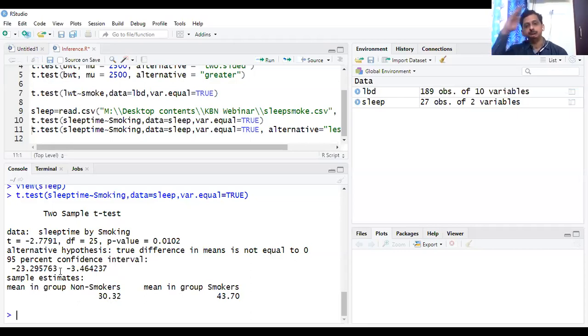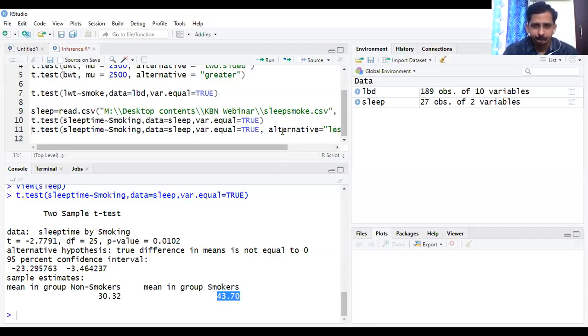We are standardizing the numerator with the variability observed by clubbing the two populations. So this gives the confidence interval for the effect size. So minus 2.771 means the average sleeping time of non-smokers is quite a bit less than that of smokers.